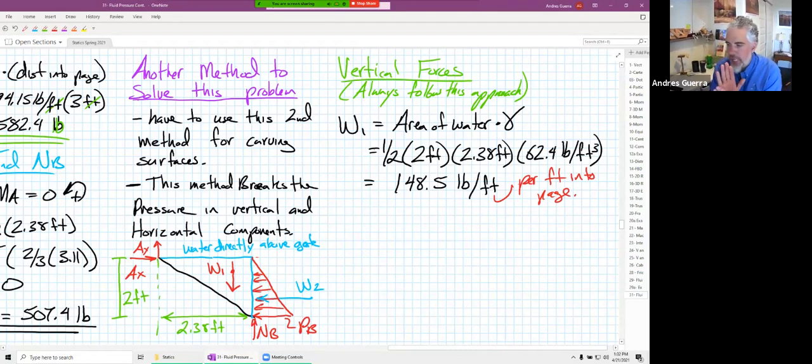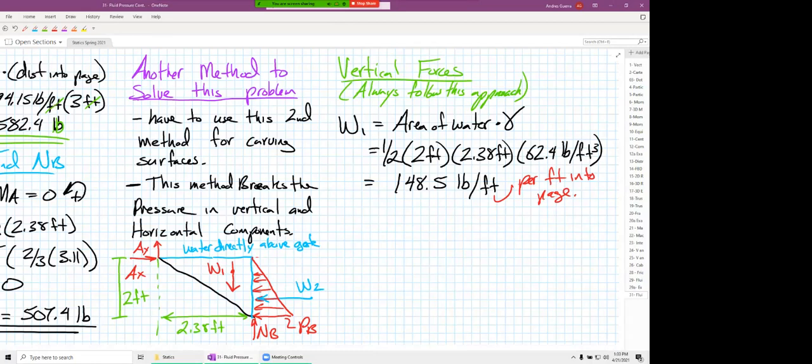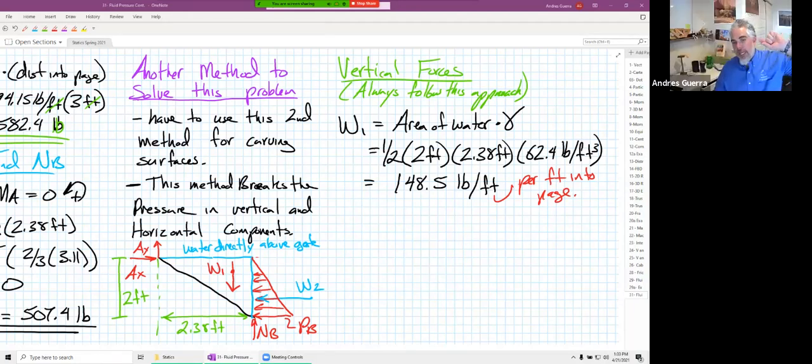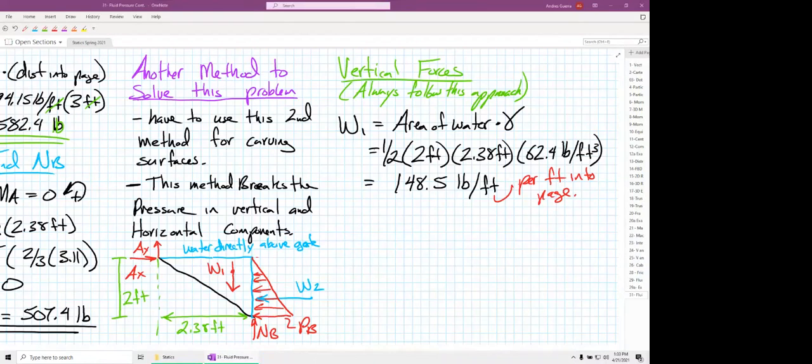How could we convert that area into a volume? What would we have to multiply it by to get that area into a volume? Brianna, Diaz, any ideas? The depth of the water. Yeah, or like into the page, you mean? Yeah, right. So into the page.